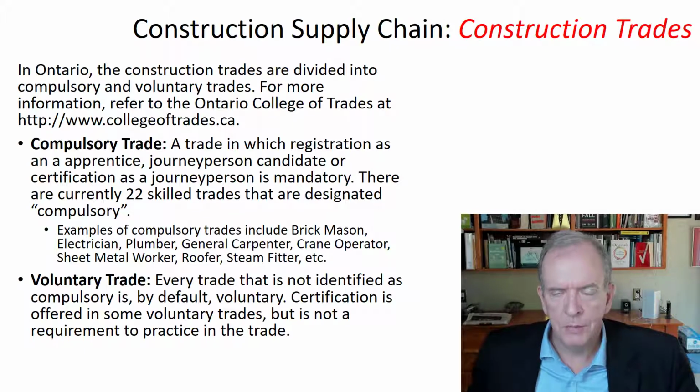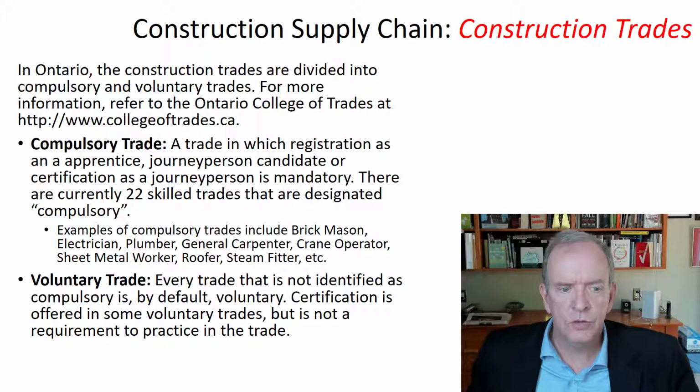Of course, you want to have plumbers regulated because there could be problems with the venting that could kill people if you got sewer gas entering into a building, or the potable water, drinkable water. It has to make sure that the piping systems are hooked up properly so you don't get contamination occurring from water that's not potable. So there's all these kind of things that go into compulsory trades.